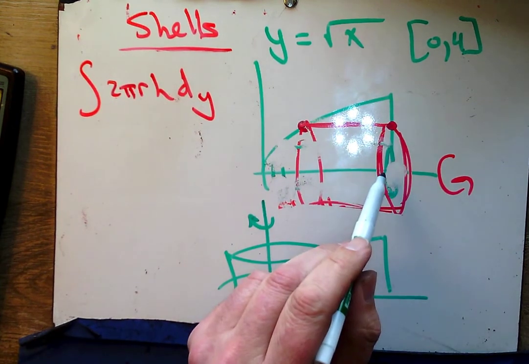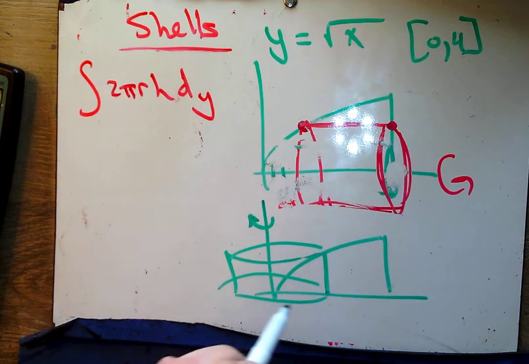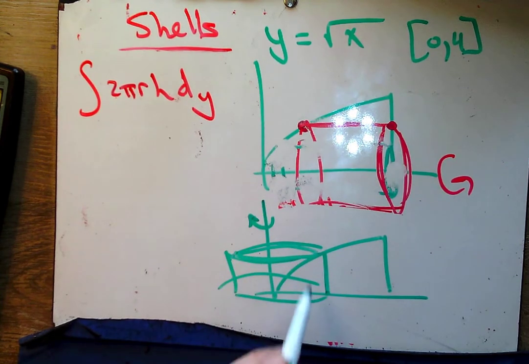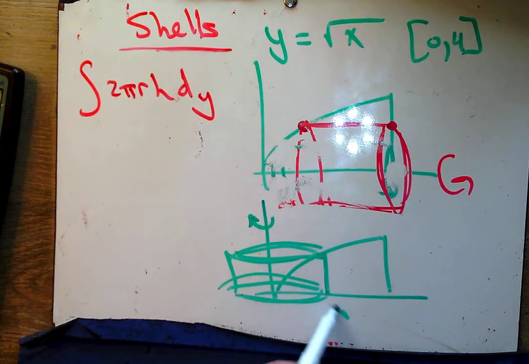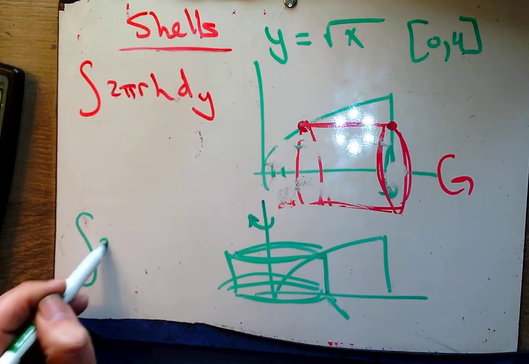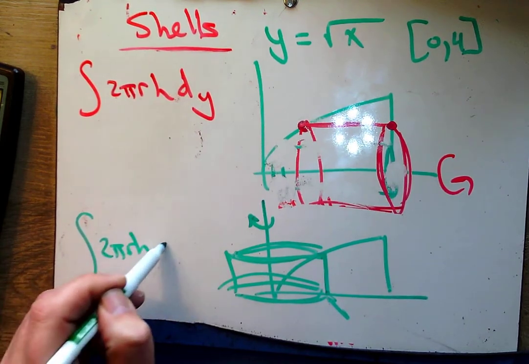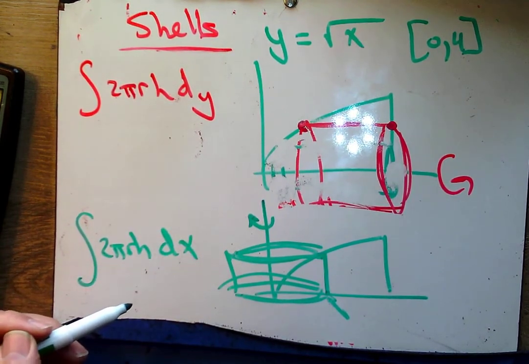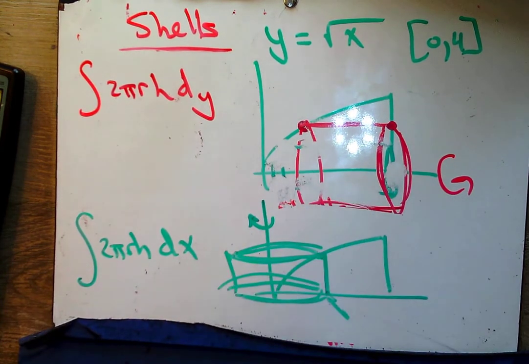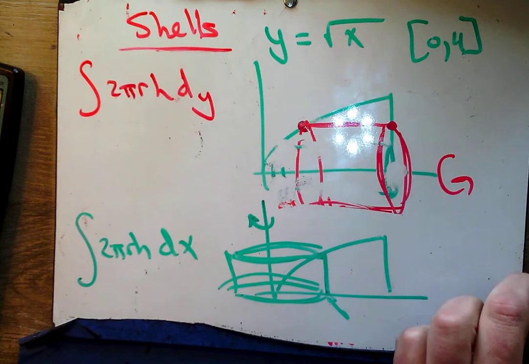This shell, if I measure the thickness of this shell, that horizontal thickness is going to be measured as a dx. I still have 2 pi r h dx. That area is the same every time I do a shell problem.